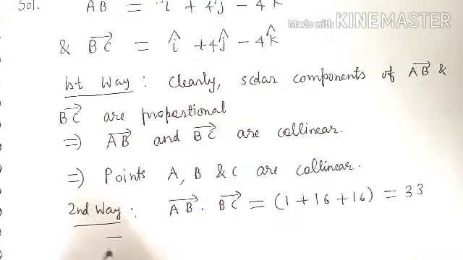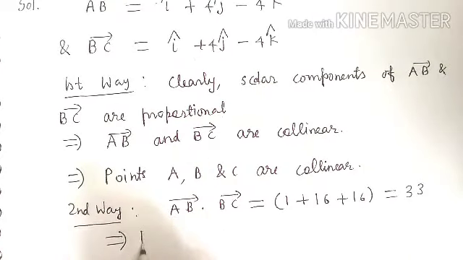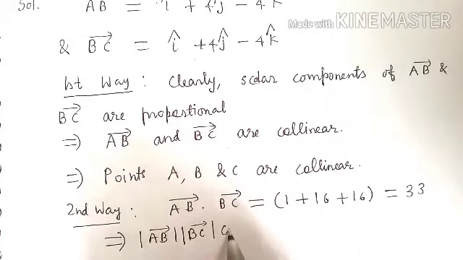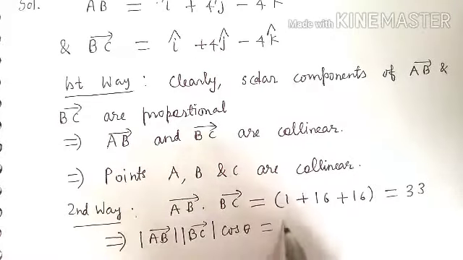Here we have magnitude of vector AB times magnitude of vector BC times cos theta is equal to 33.